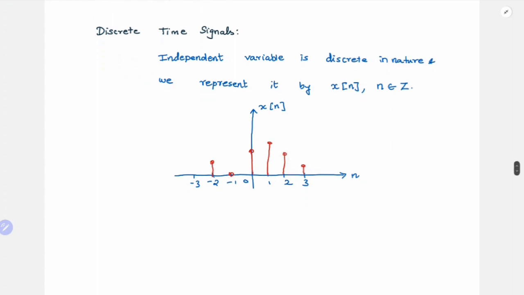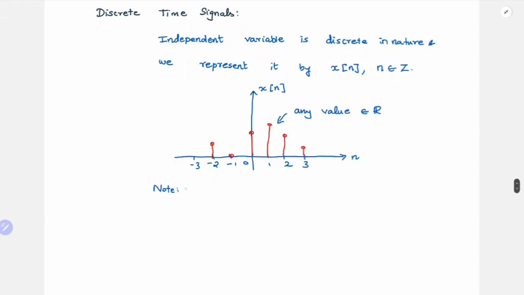So you should note here that only the x-axis, the independent variable, is discretized. But on the y-axis, the signal itself can take any value, any amplitude. It belongs to real numbers. Okay?